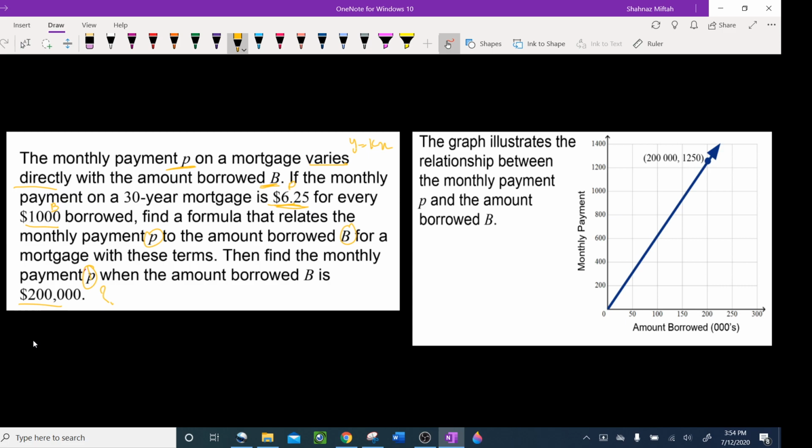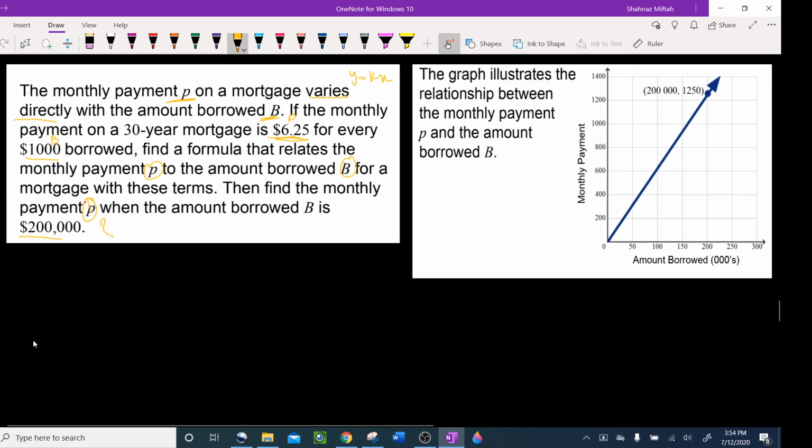Now I'm going to write it down here. I underlined the important information, and I'm going to write down every important piece of information that I have, and I will find a formula. The monthly payment P on a mortgage varies directly. The varies directly formula is y equals kx, which I wrote up here in the corner. So k is going to stay, and these things stay the same, with the amount borrowed b.